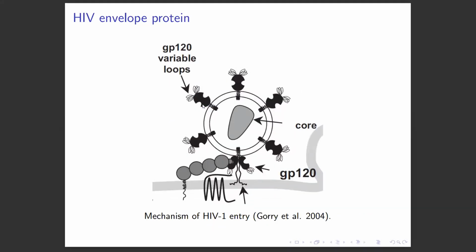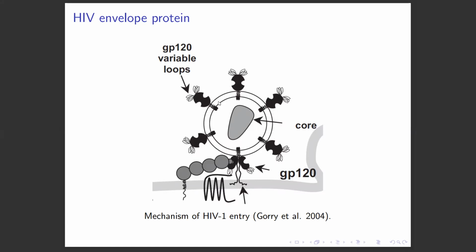And if we look at how HIV enters a T cell, HIV attacks the immune system directly. This is the membrane of the T cell. On the membrane, you have different types of protein, and one of them is the CD4. And this is the GP120, the same protein that I showed in the previous slide.